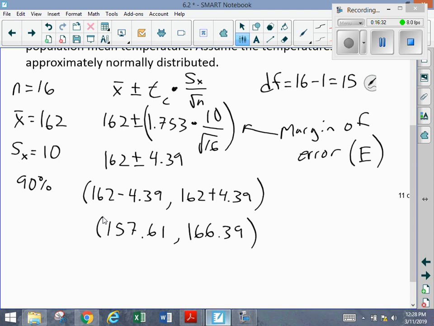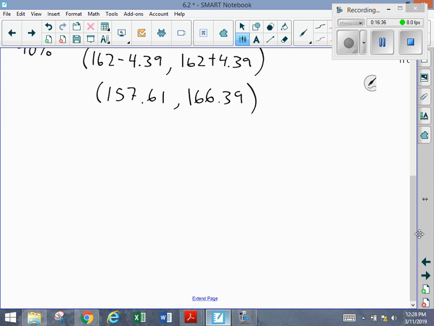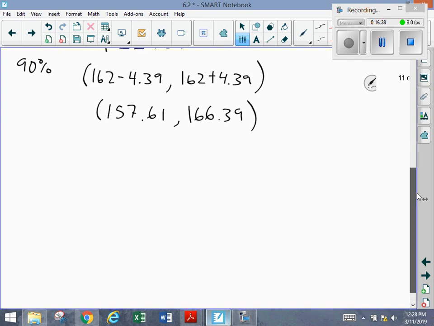Alright, so now let's do the same process, but for 99% confidence, okay? At 99%, the mean stays the same, right? So x bar plus or minus, we need to get a critical value. That's the only thing that's going to change. All of our numbers will be the same, except for this critical value.